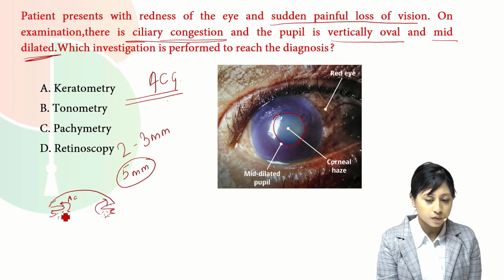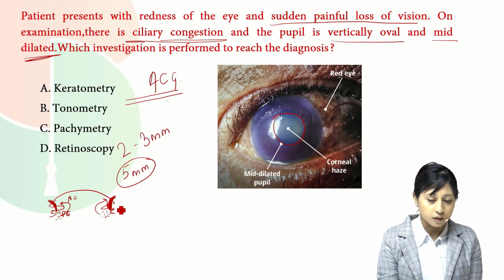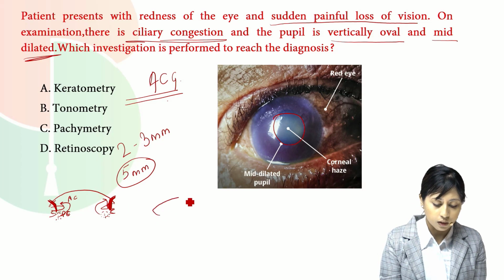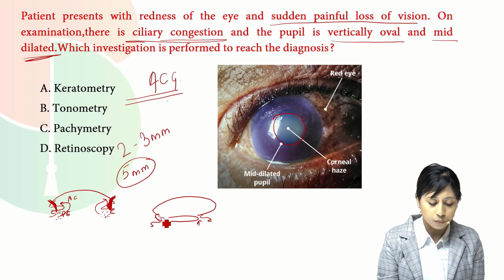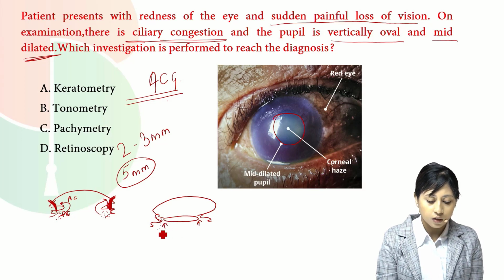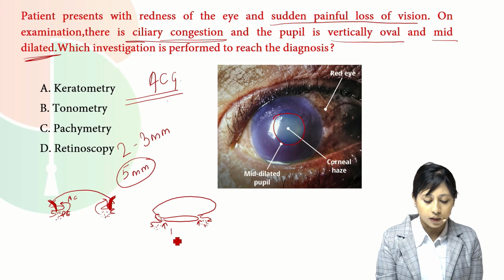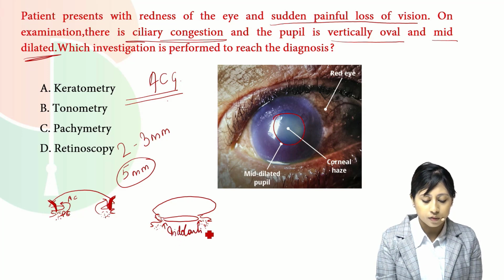This is the normal. But when there is angle closure, what angle? The iridocorneal angle. This was the normal, but when the iridocorneal angle closes like this, there is the cornea, here is the lens, and here is the angle, iris, and all. So what will happen? There is no angle from where the aqueous will drain. It cannot be drained, so aqueous will accumulate, and it will cause iridolenticular apposition.